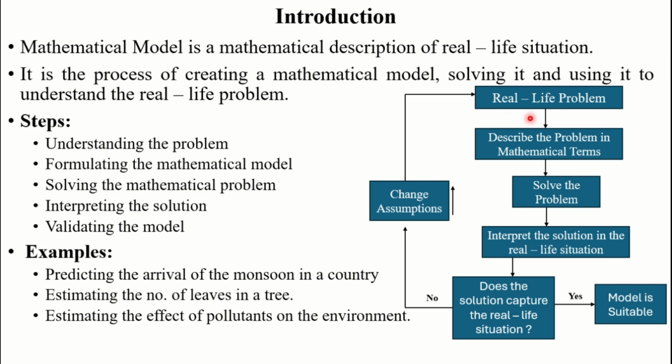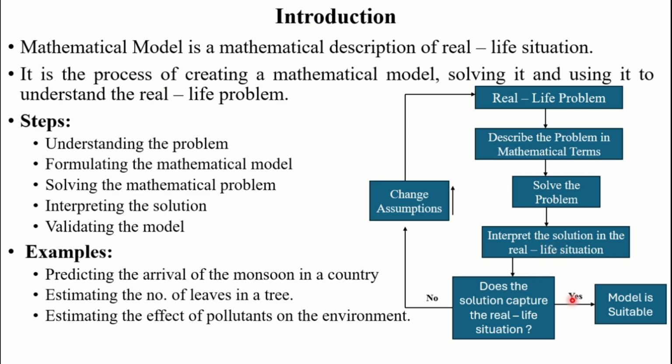Here I have given the steps of mathematical modeling in diagram form. First of all, we have to understand the real life problem. Then we describe the problem in mathematical terms, then solve that problem, then based on the solutions we interpret them, then we compare the solutions with the real situation.